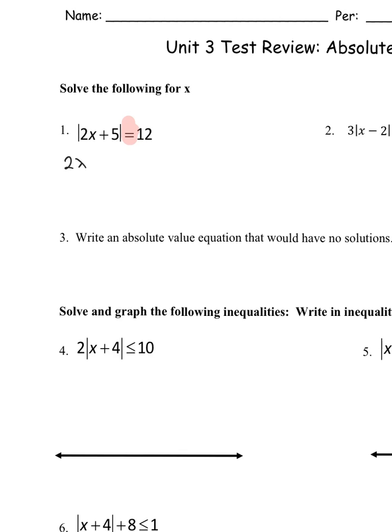So I'm going to break it into two separate equations. One of them looks the same without the absolute value bars, and the other one has a negative 12. So you are not changing the sign that's by the 5, so you're not changing it plus 5 minus 5. You're changing the number after the equal sign and making it positive or negative. So on both of these, it's the same procedure for solving.